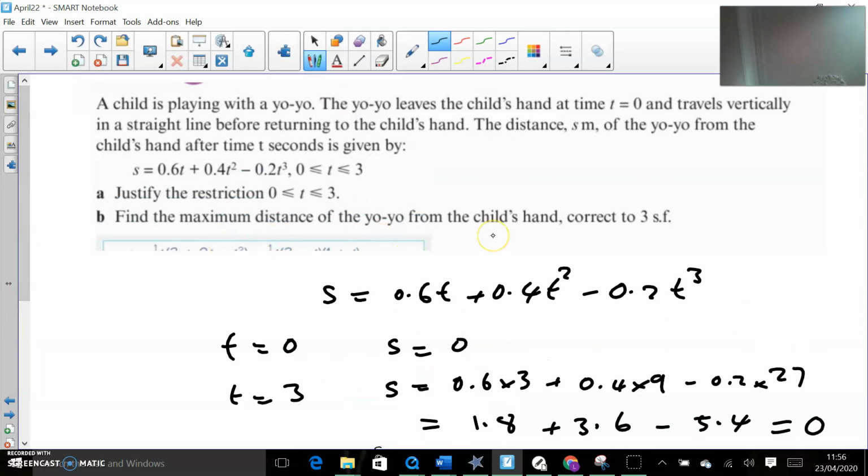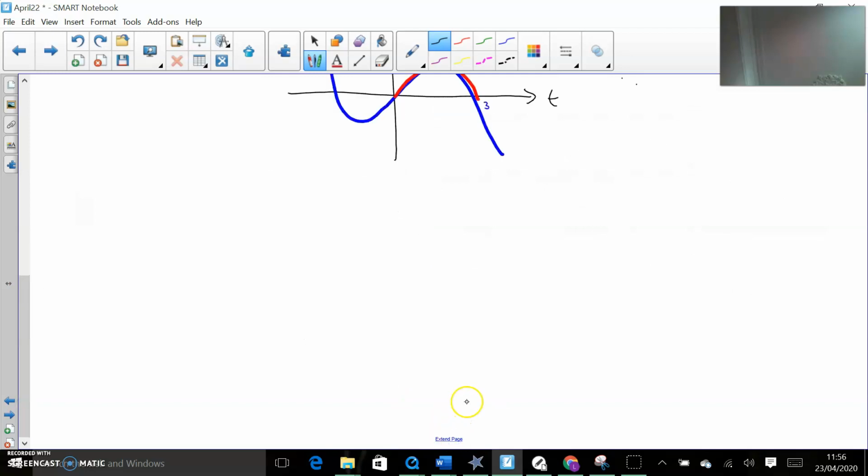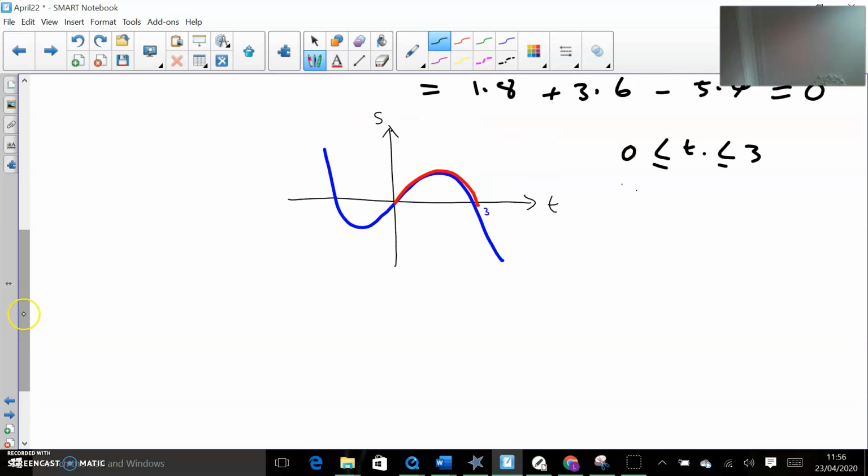Part B, maximum distance of the yo-yo from the child's hand. So what's happening here? On that graph, the yo-yo descends, so its distance from the child's hand increases up to that point there, and then it goes back to the child's hand at that point, so it's 0 distance from the child's hand.